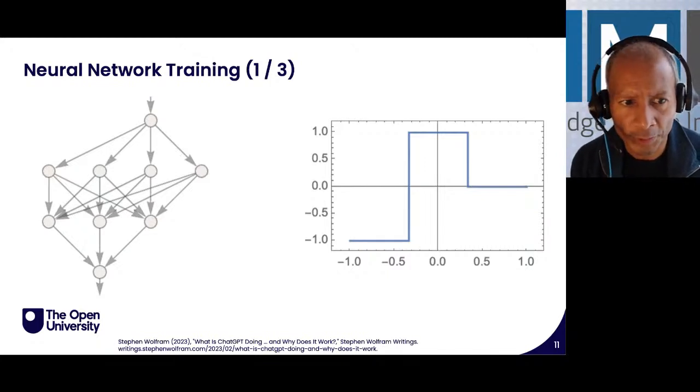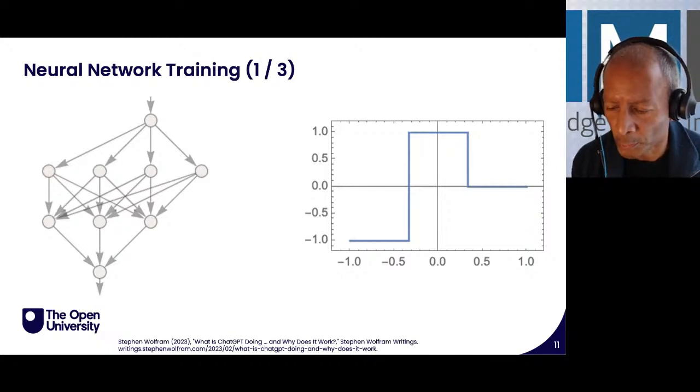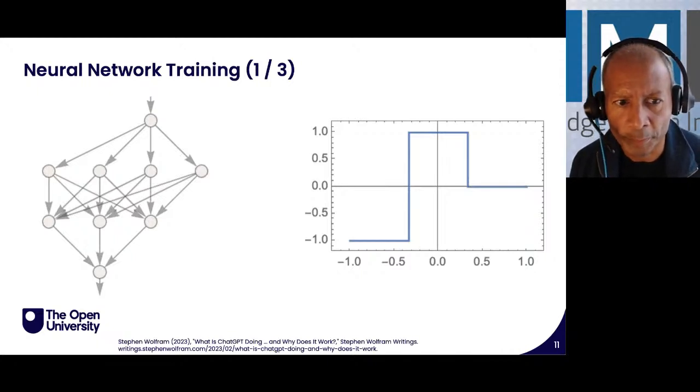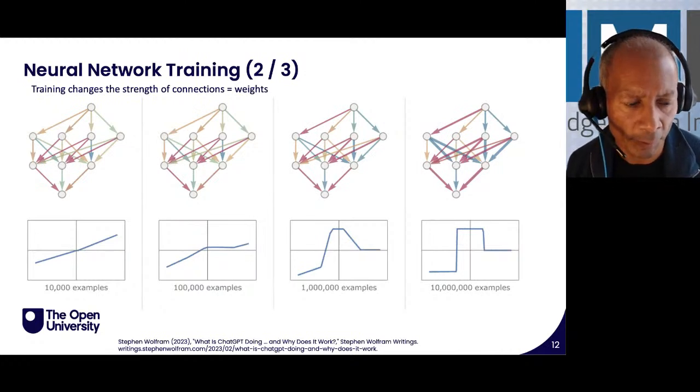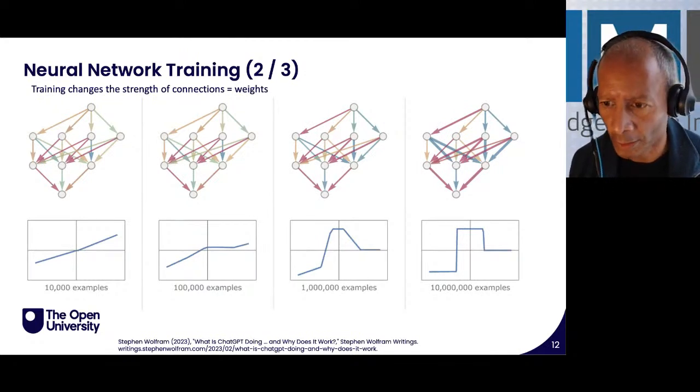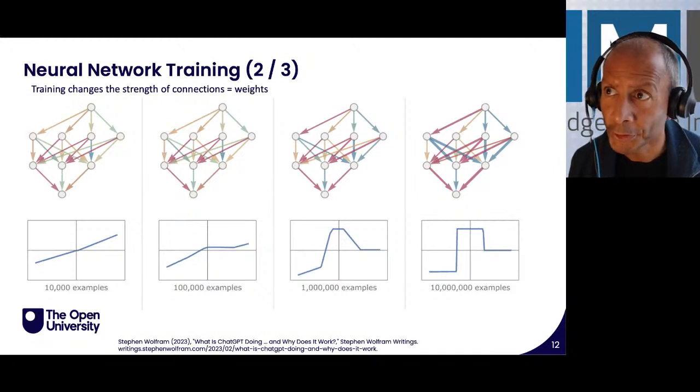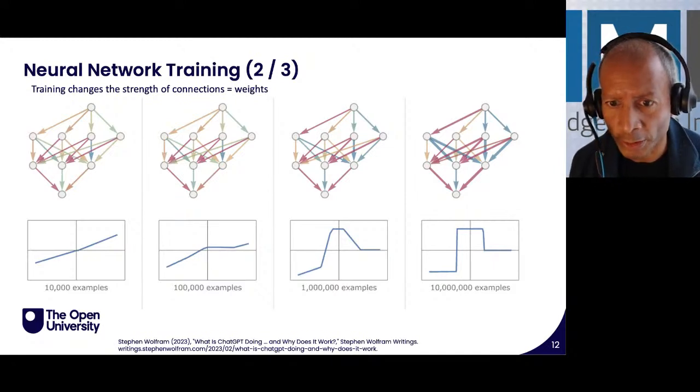So imagine I want to train a neural network to draw this graph that's on the right here. I'm going to give an X coordinate and a Y coordinate will come out. So we train it by giving examples. And as you give examples, the strength of the connections between the nodes changes, and that changes the output.